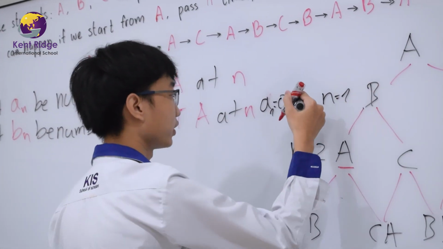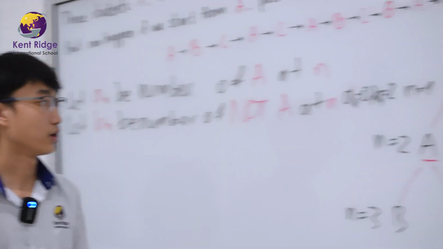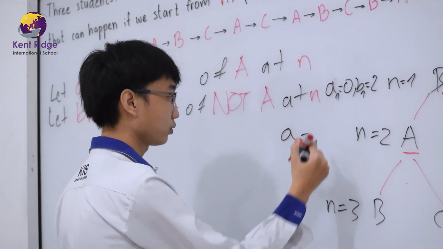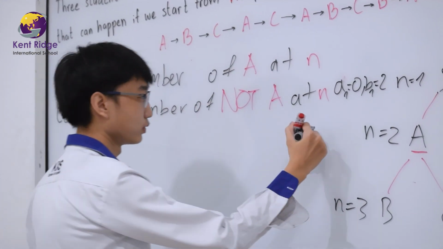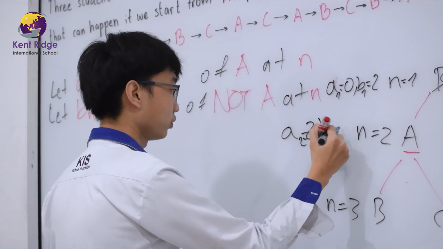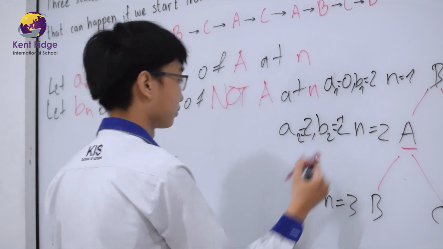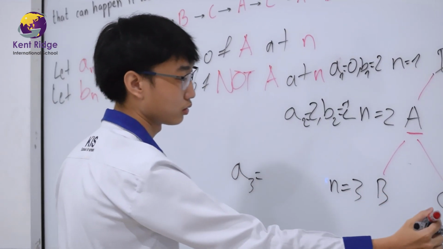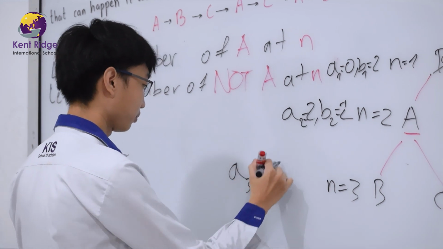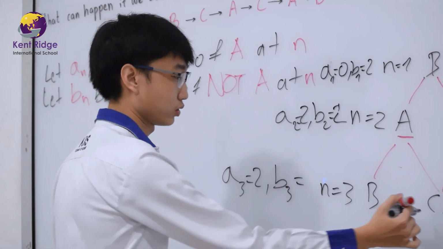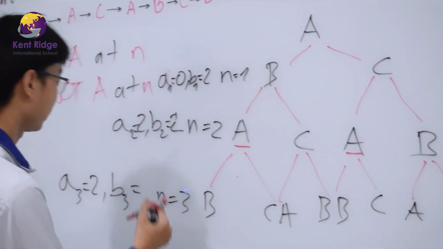So we have B and C, which isn't A. A2 will be equal to 2, because there are two A's here. B2 will be 2. This A3 will also be 2, and B3 will be the rest, which is 1, 2, 3, 4, 5, 6, 6.